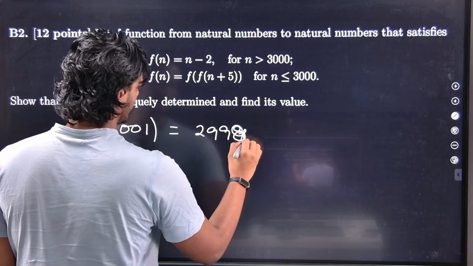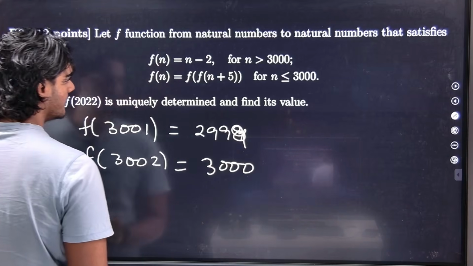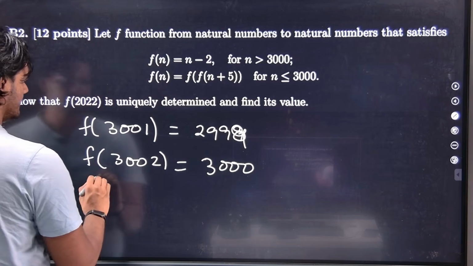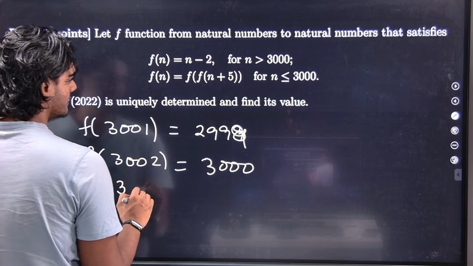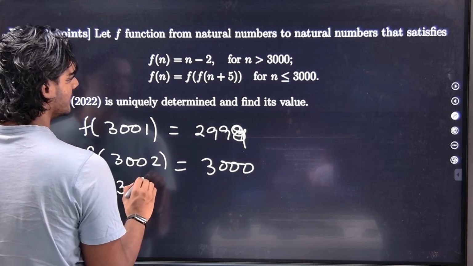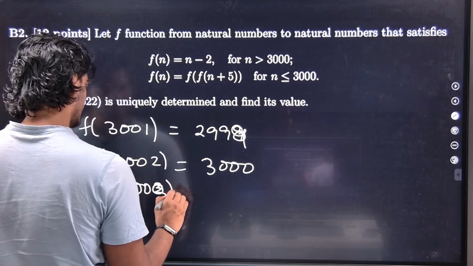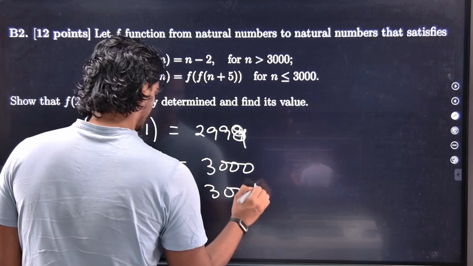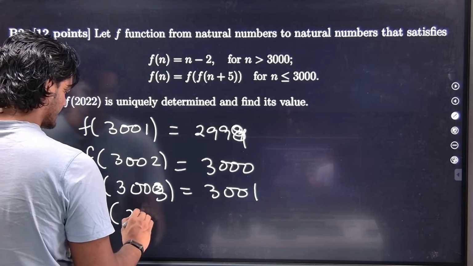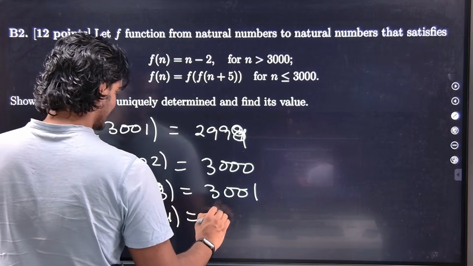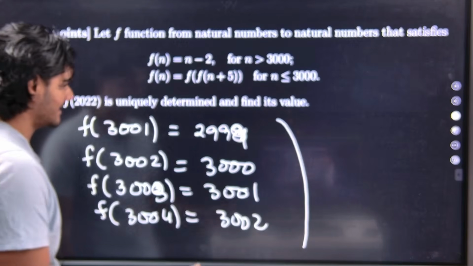No, it is 2999. That will be 3000, right? What will this be for 3003, 3001? What will this be for 3004? So this is obviously a linear thing. This will keep on increasing as n increases.